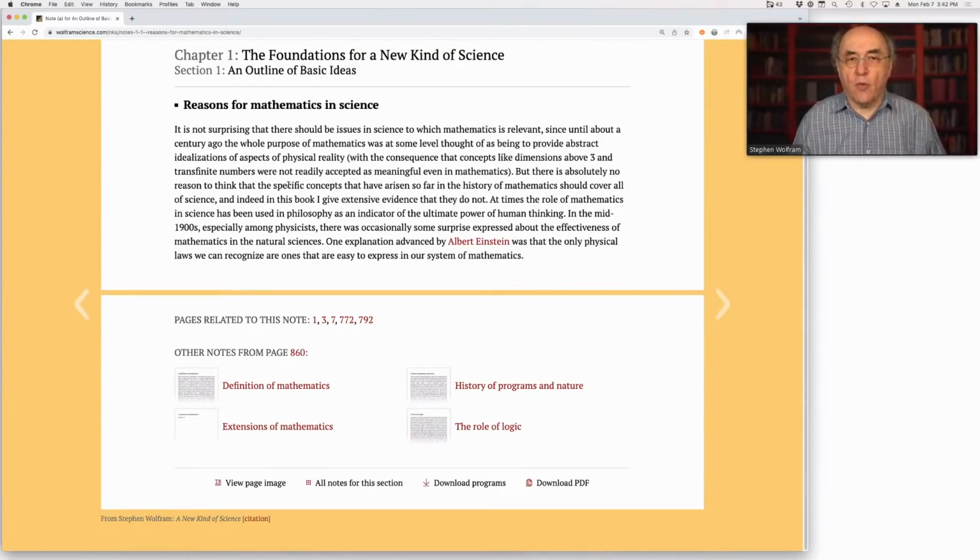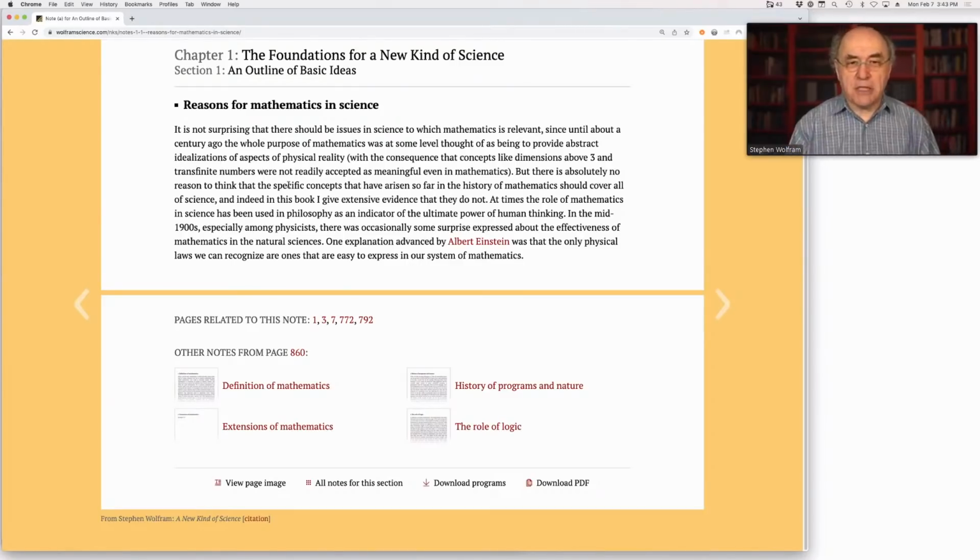Now, one of my more recent points of view is that the things we get to talk about in our science are just that slice of what is computationally possible that we humans are capable, with our senses and our cognitive abilities, of parsing.